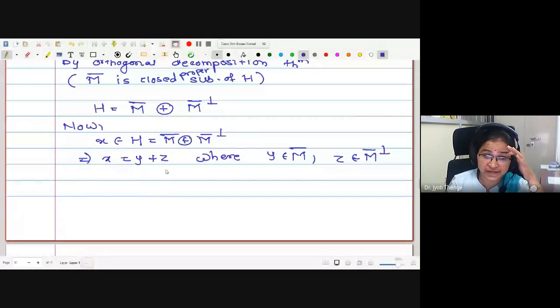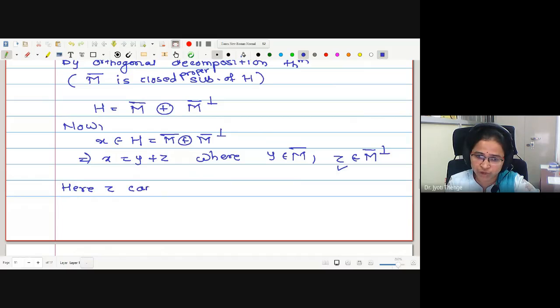Correct now? But here, whatever is Z we are writing as an element of M bar perp, this Z cannot be a zero vector. What will happen if Z is 0? Let us check. If Z is equal to 0, what is X?